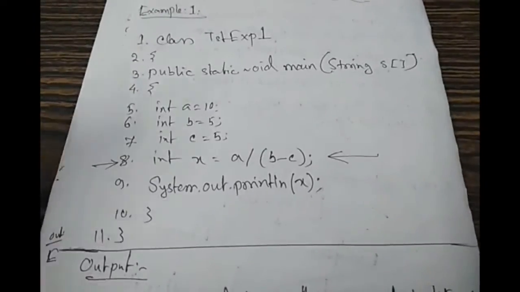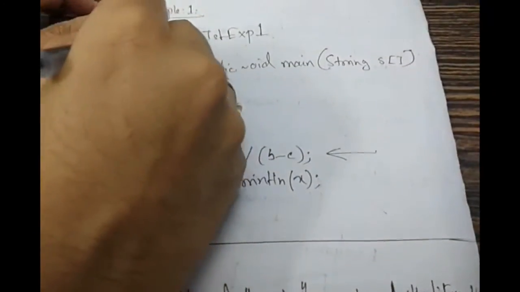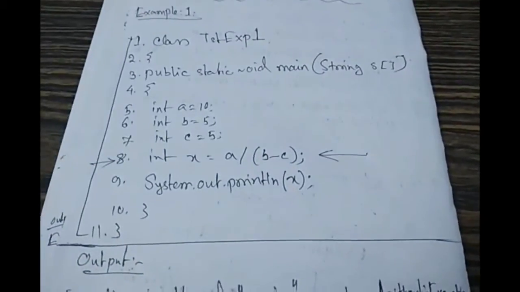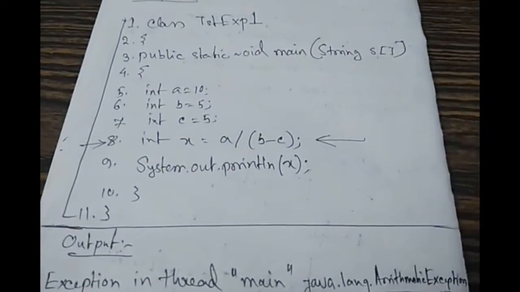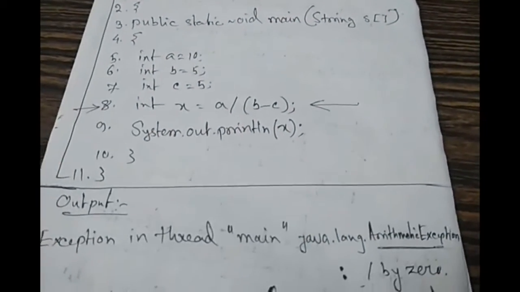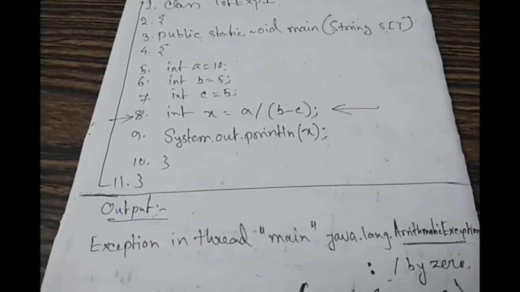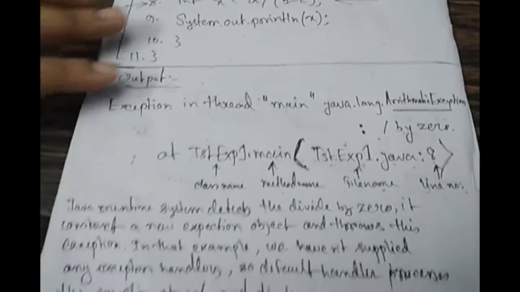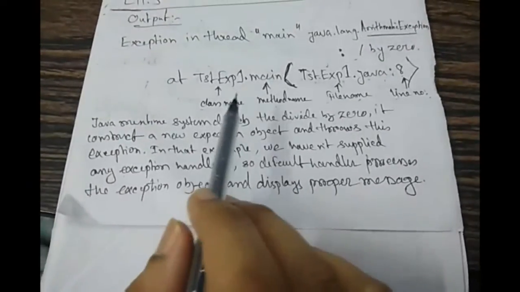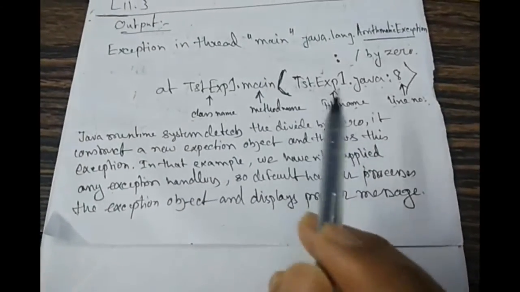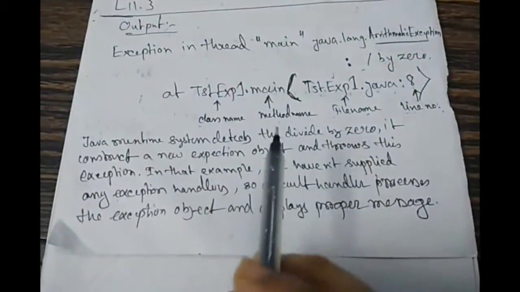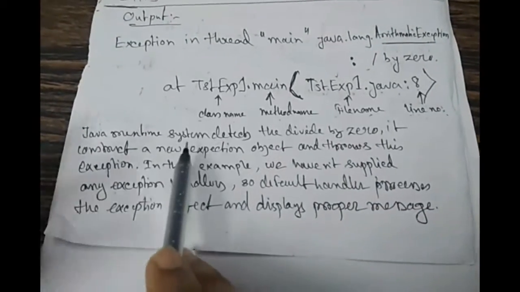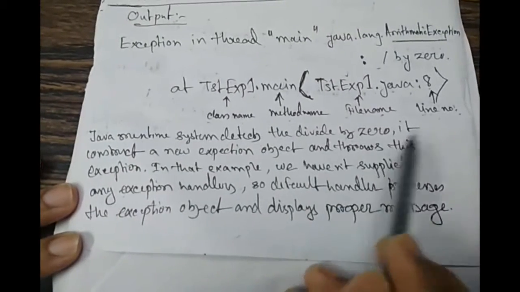Now in this piece of code I am not writing any exception handling mechanism like try or catch block, but Java default exception handler will handle this kind of exception and throw the appropriate message like this. You can identify the type of exception, the line number, the method name, the class name, and the file name in that output. So Java runtime system detects the divide by 0.